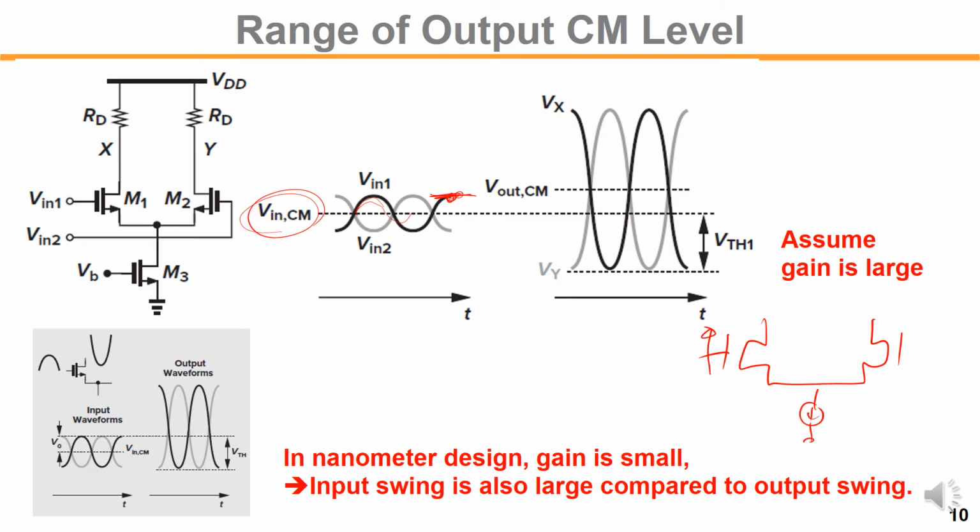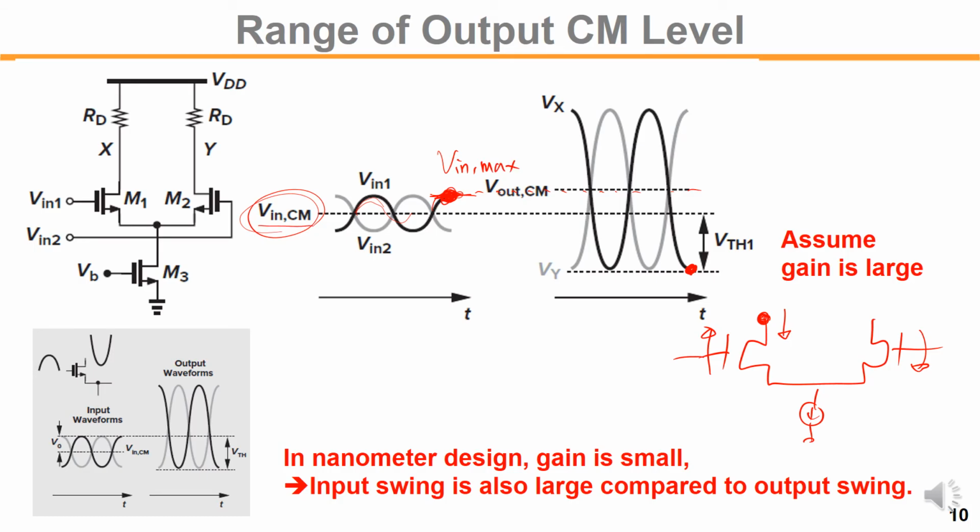On the maximum swing, on the left hand side, it can go up to the maximum, and at that point the output drain voltage of the transistor will go to the minimum. That minimum happens with that gate level. So when we calculate the output swing range, we start from this maximum V input peak, V max, rather than the V in common.